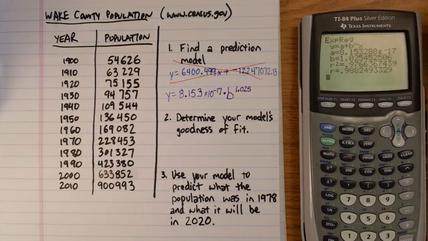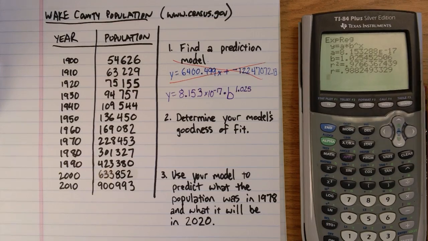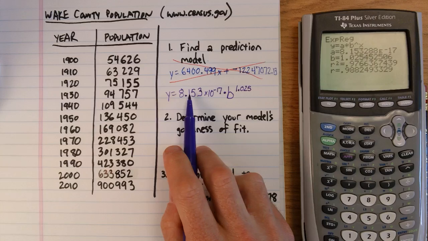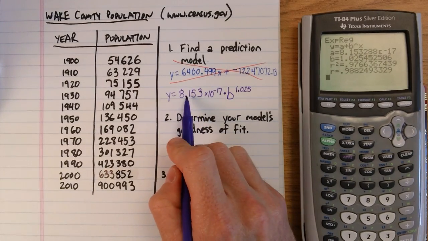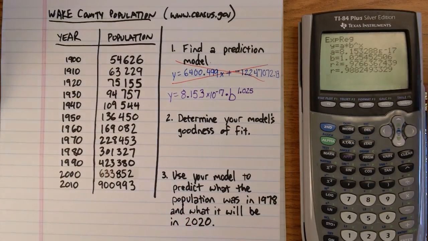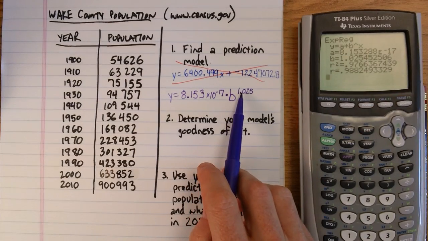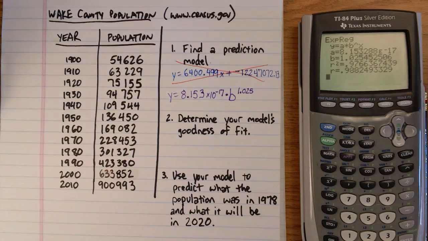Now, notice that it's got this 8.153 e to the negative 17. That tells us we've got scientific notation. We've got a really, really small number here, so we've got 17 shifts of the decimal place to the left. So nearly 0, and then we've got our x value. No, that should be our base.